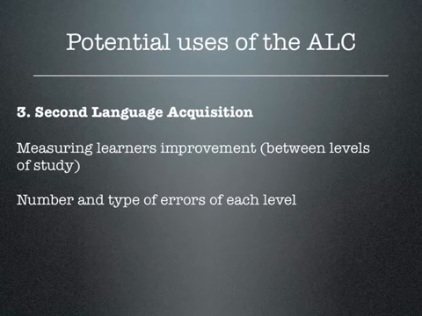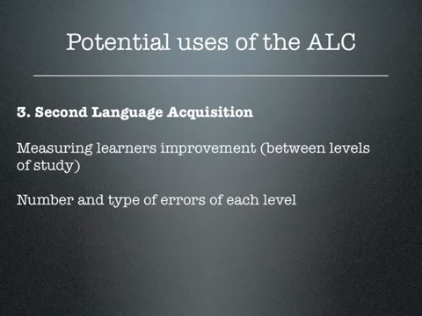The Arabic Learner Corpus consists of data from different levels of study and can be used as a resource for measuring the extent to which learners can improve their performance in various aspects of the target language. The number and the nature of these errors can give some insights about acquiring Arabic as a second language.